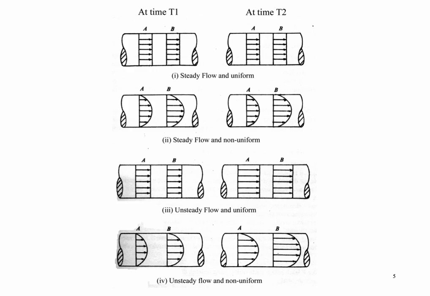So and then we call this flow steady flow, because if we look at point A here, the length of the arrow shows the velocity at that point will remain the same when time changes from time 1 to time 2.